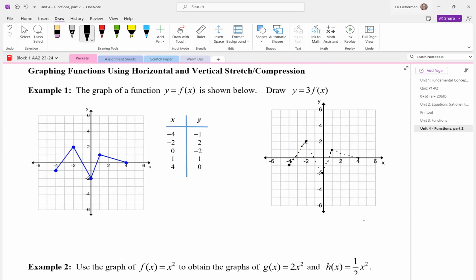Thank you. Okay, so that first point at -4, -1 is going to become -4, -3 because we stretched it. -2, 2 is going to become -2, 6. What's going to happen to that last one? 4, 0.